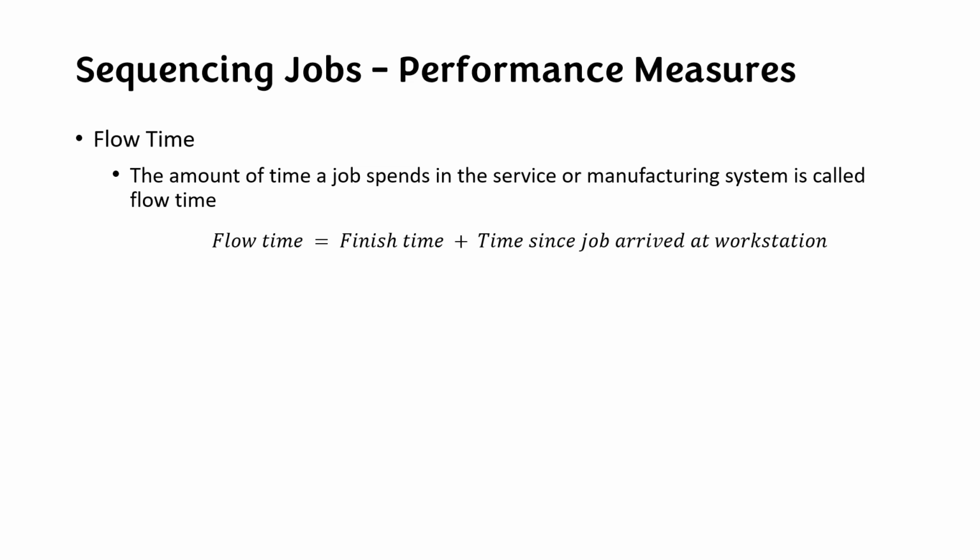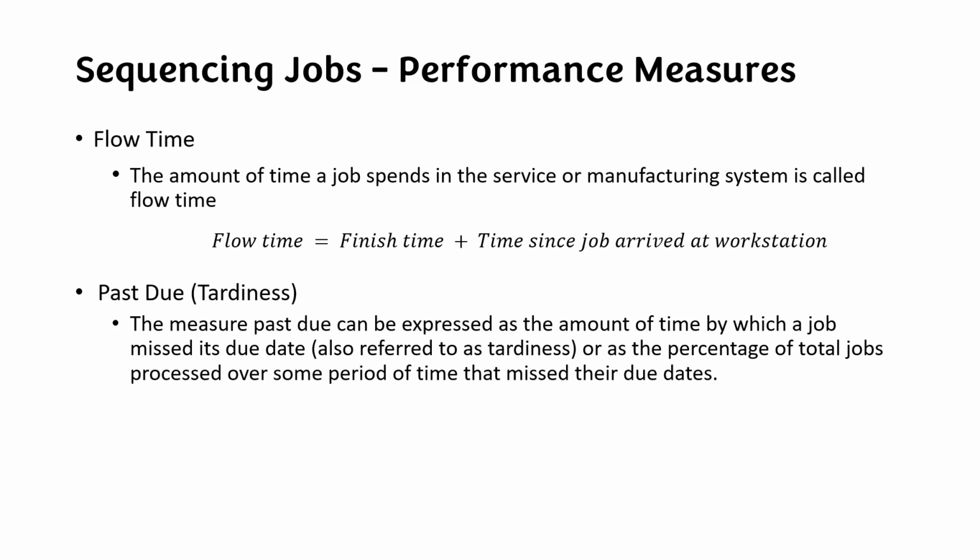The second measure that we use is the past due measure. The measure past due can be expressed as the amount of time by which a job missed its due date. We can also refer to this as tardiness, or as the percentage of total jobs processed over some period of time that missed their due dates.